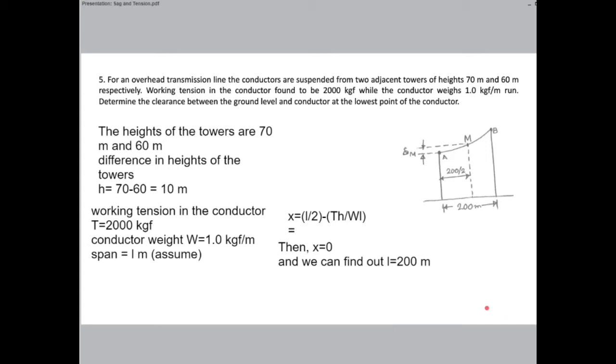What I wrote on the chat screen, the lowest point of the conductor is at the middle point between the towers. If that is the condition, then x becomes 0. And if x is 0, then if we put the values of H and W, we can find out the value of L, which is the span, is going to be 200 meters.